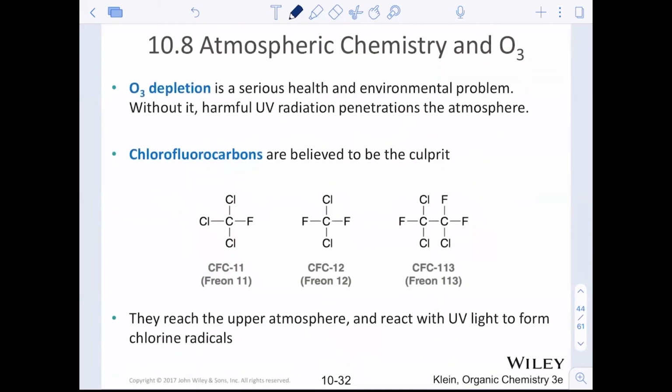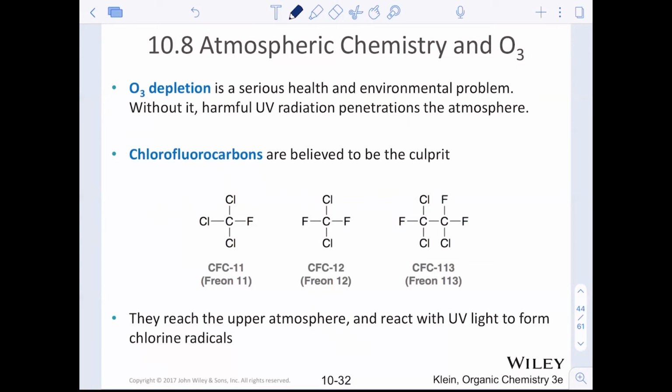However, ozone depletion is a serious health and environmental problem. Without ozone, the UV radiation would penetrate our atmosphere and wreak havoc on everything. One of the main contributors that is believed to be a culprit is the use of chlorofluorocarbons, CFCs.